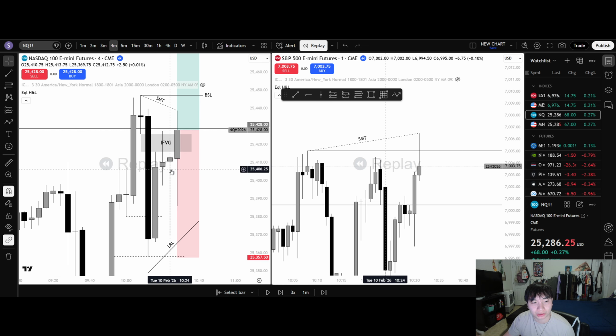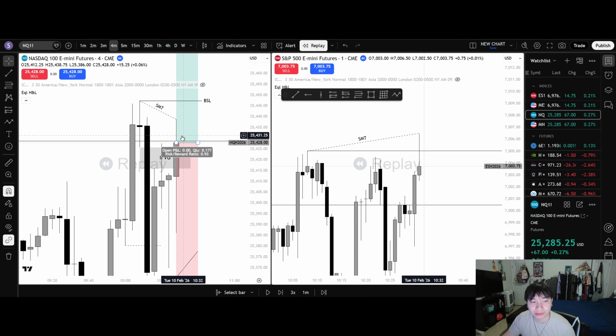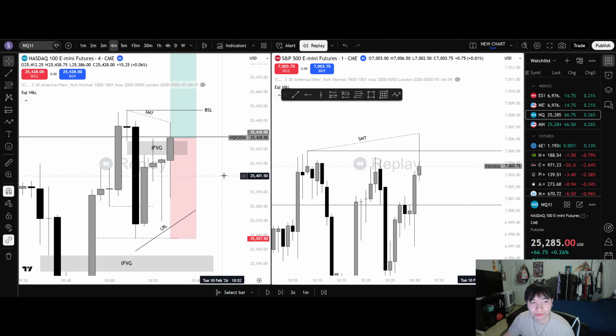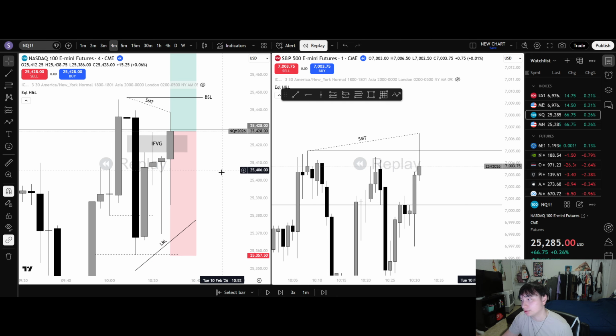This candle was very telling, or should have been, because we wicked into the C of this gap, and then we closed below it. That tells me price tried to go above, but we didn't have enough strength to actually close above. Eventually we did, but that's probably just due to manipulation and other things I'm not sure about.